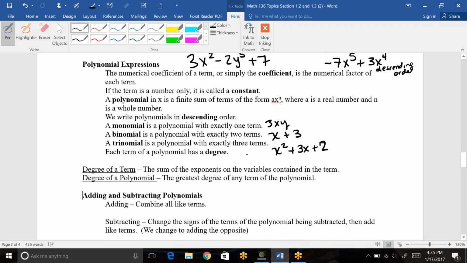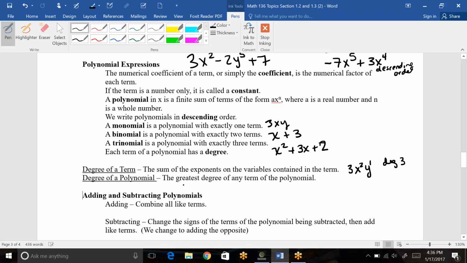Each term of a polynomial has a degree. That means what is the power on the exponent. This is a degree of 2, a degree of 1, and a degree of 0 because this one has no variable. So if you want the degree of the term, you just say, okay, depending on if there's multiple variables, like if you have a 3x squared and a y, the degree of this term is actually a 3 because it's 2 for this and 1 for this.